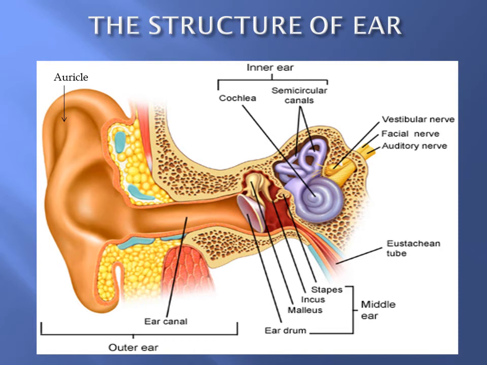It is connected to the central hearing system by the auditory nerve. The cochlea is filled with special fluids which are important to the processing of hearing. Apart from that, you can also see the eustachian tube.